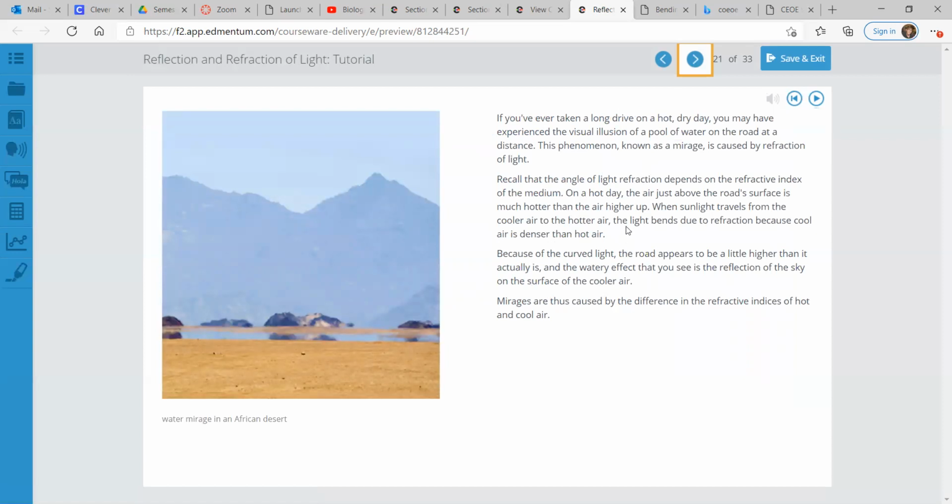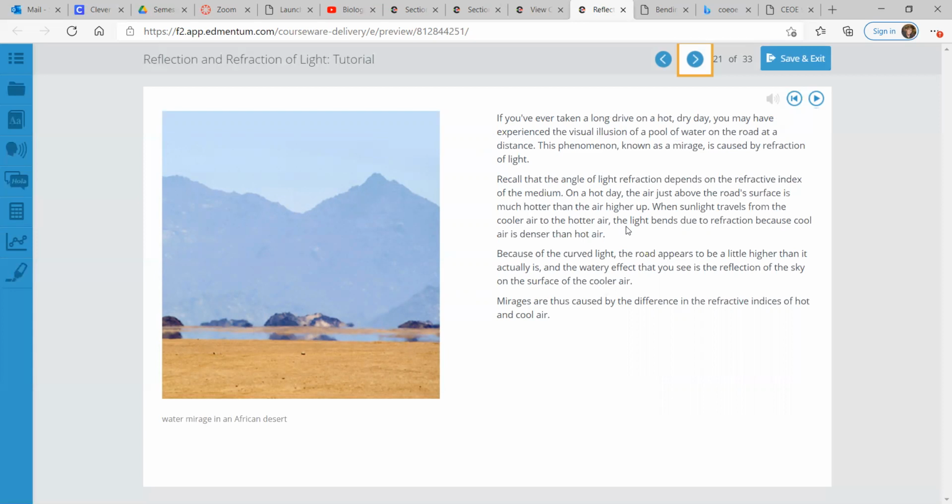If you've ever taken a long drive on a hot, dry day, you may have experienced the visual illusion of a pool of water on the road at a distance. This phenomenon, known as a mirage, is caused by refraction of light. Recall that the angle of light refraction depends on the refractive index of the medium. On a hot day, the air just above the road surface is much hotter than the air higher up.